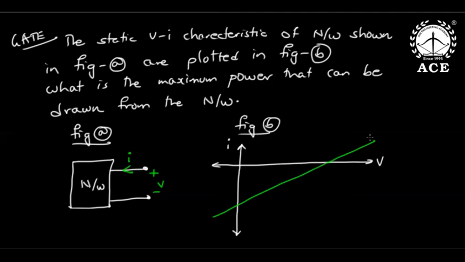Here I is in amperes and V is in volts. This is something like 30 volts, and this is something like minus 6 amps.